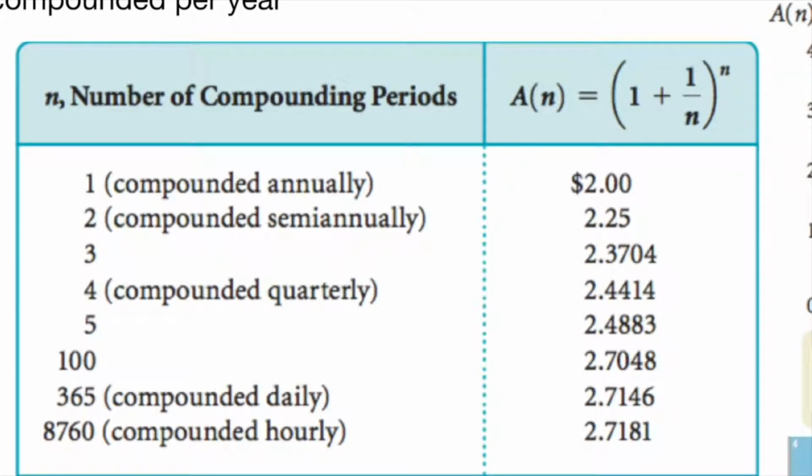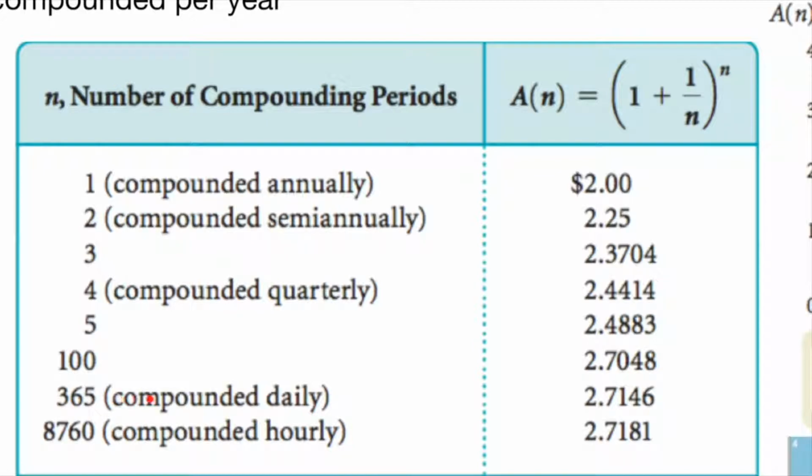So the only thing that we're changing to get new final amounts is the number of times that you get compounded interest. If it's only once, then 1 is here and 1 is here, you get $2. 4 is this. 5, let's say you broke up the year into five different spaces, then you'd get this amount of money. The more compounding periods you have, the more money you're going to get.